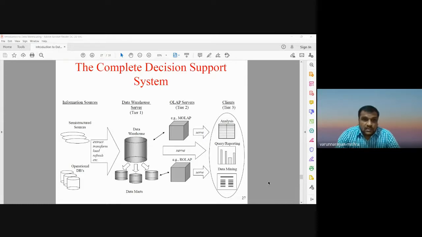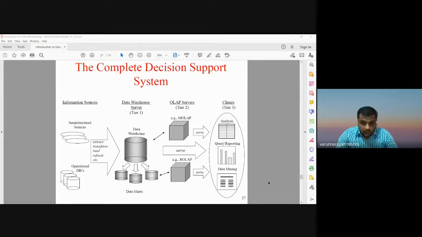So this is the complete decision support system based on the three-tier architecture. At tier 1, we have the data warehouse, a server where all the data sets are stored on a single platform. Then at tier 2, the second stage, there is the OLAP server, which is of two types, MOLAP and ROLAP.